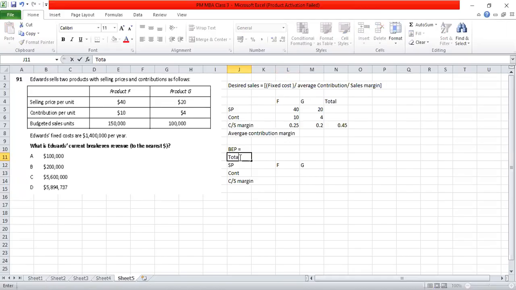Yeah. Let's try with the total values. If the selling price per unit is 40, so 40 into 40, the total value is 150,000. So try it out. Ma'am, what is that sales margin you've written? What is that exactly?